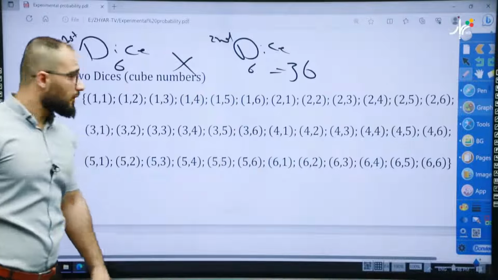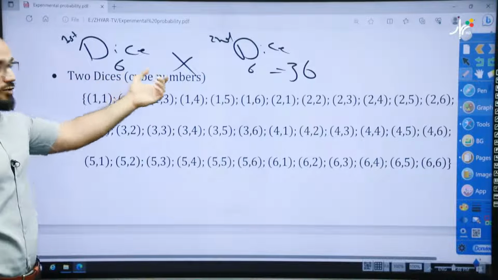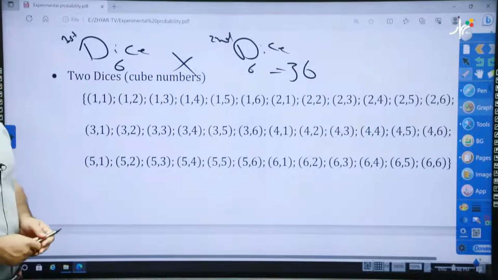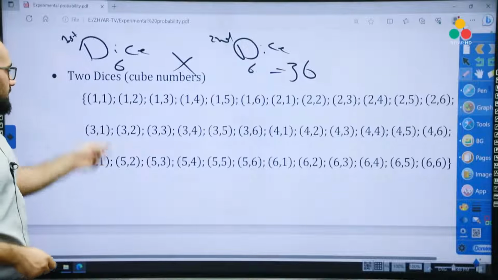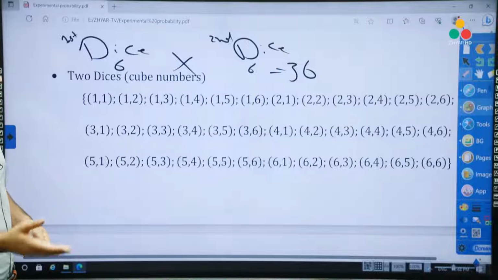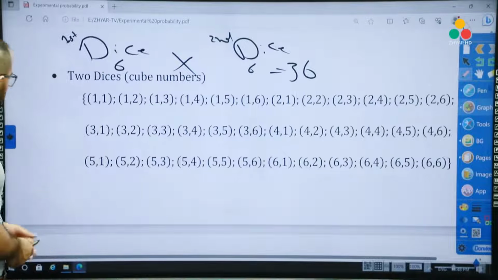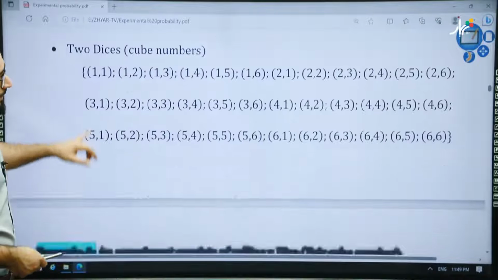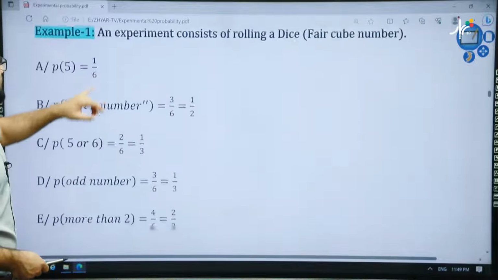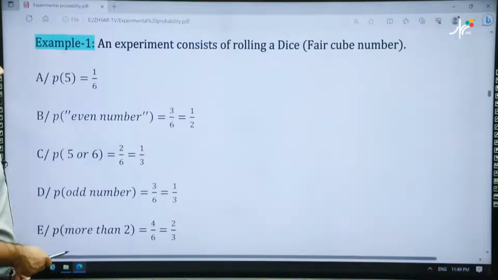So whenever you have 2 dice or 2 cube numbers, we have 36 results, and you can see the results are 1 with 1, 1 with 2, with 3, with 4, with 5, with 6, then 2 with 1, 2 with 2, and so on. We have 36 results.